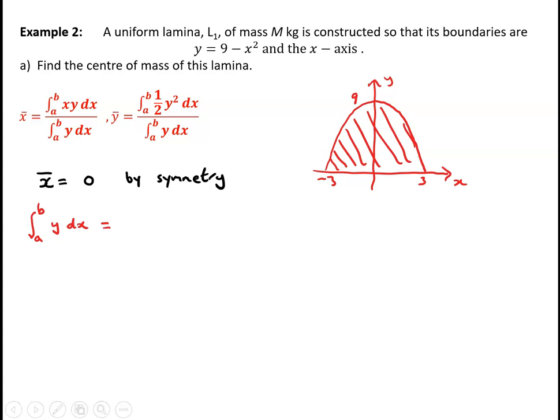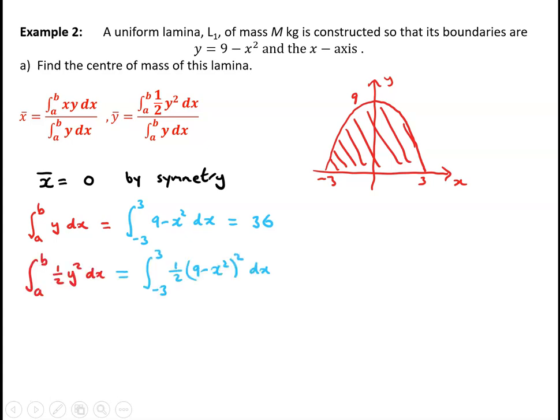The integral of y is simply the integral between minus 3 and 3 of 9 minus x squared, which gives 36. The integral of a half y squared is the integral between minus 3 and 3 of a half of (9 minus x squared) squared, which gives us 648 divided by 5.